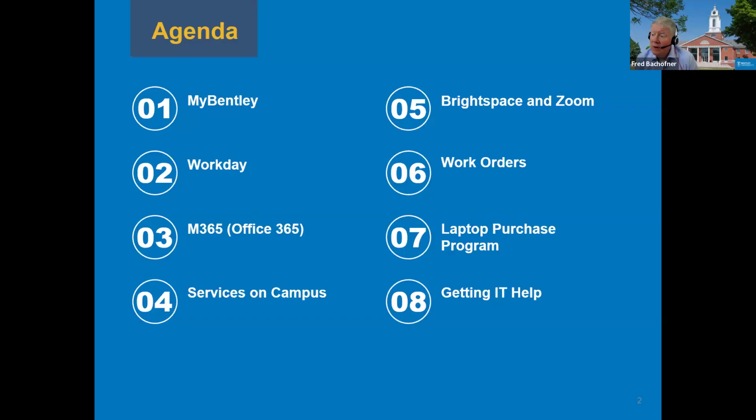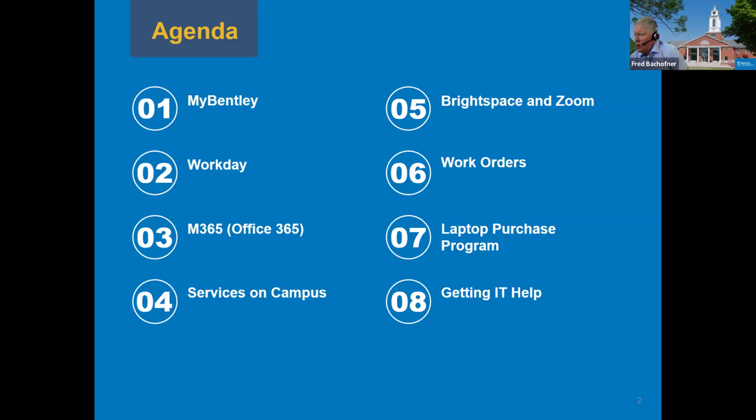And I'm going to talk about, of course, the services that are on campus to support you with technology. In the event you're not sure where to go, I'm going to give you all of that information to have. We'll be talking about Brightspace and Zoom specifically, as Bobby Lynn mentioned, that Bill from the Academic Technology Center will be giving a deeper dive into Brightspace once I finish a portion of my presentation.